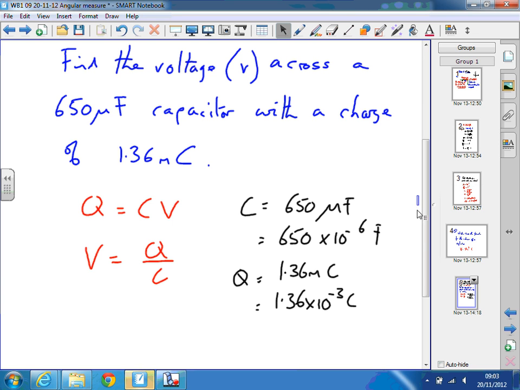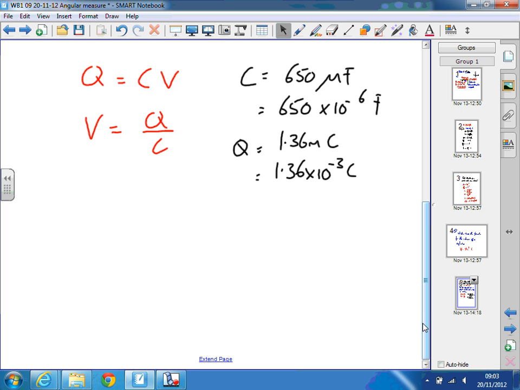So now the voltage V equals Q, which is 1.36 times 10 to the minus 3, divided by 650 times 10 to the minus 6. So now I get the calculator out and plug in to get the answer.